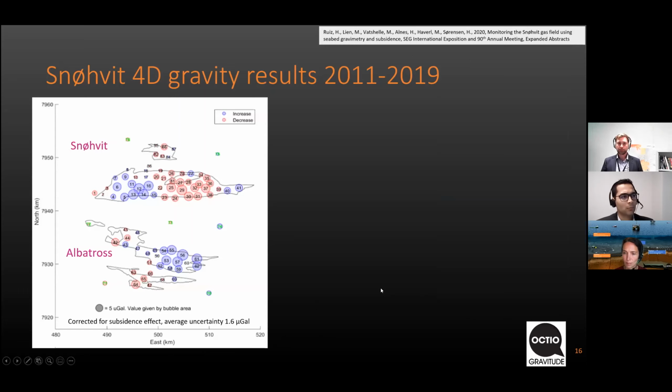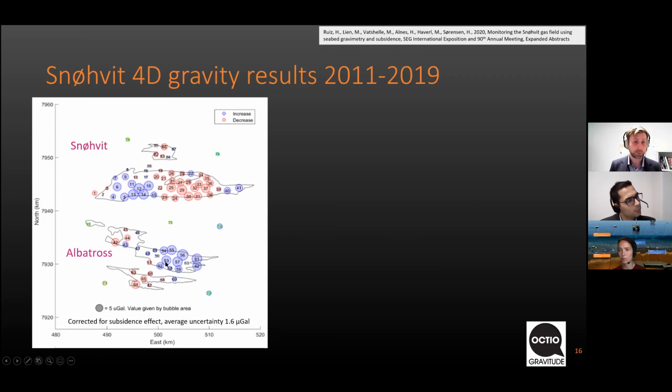Then I'm going to show one example from Snowbit, and this data example is extracted from a paper that was presented at the virtual SEG conference that took place, I guess, last week. It focuses on the data acquired in 2019 and shows gravity changes between 2011 and 2019.